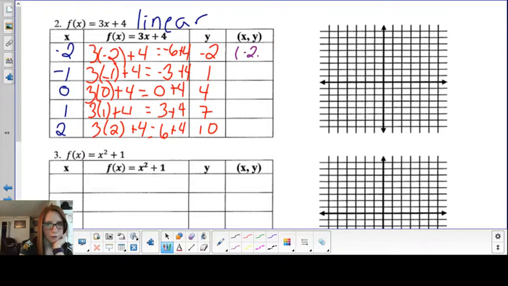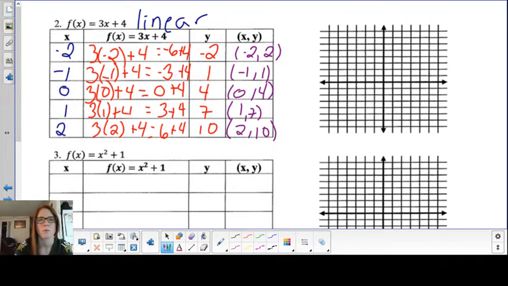I'm sorry, guys. It's jumping all over the place, and I want you to thoroughly be able to see what I'm writing. The next point is (0, 4), then (1, 7), then (2, 10). And again, we're going to graph as best as we can go. I don't know if the (2, 10) will be on here. We'll see. So I'm going to go to the left 2, up 2.